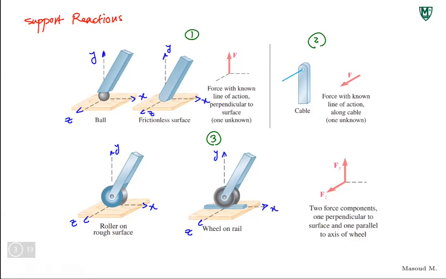And always one of them is perpendicular to the other. One is, in this case, perpendicular to the surface, and one parallel to the axis of the wheel. This is the axis of the wheel. That's always going to be the case. So we know the directions of these forces. Only unknowns are the magnitudes.